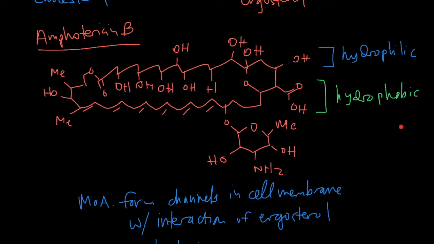If you want to look them up yourselves, they're on slide 9 of the antifungal PowerPoint. They're also pretty long molecules with a hydrophilic part and a hydrophobic part. They're probably similar to amphotericin.